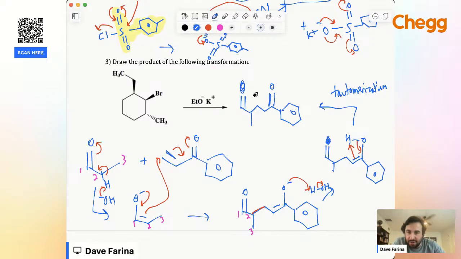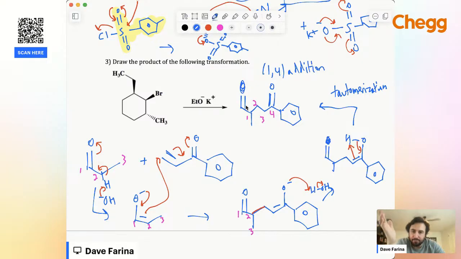And so a couple things here. It's a 1, 2, 3, 4, a 1,4 addition. And so 1,4 addition, meaning that carbon 1 is the carbon that did the attacking, and the new oxygen containing functional group is on carbon 4, 1, 2, 3, 4.